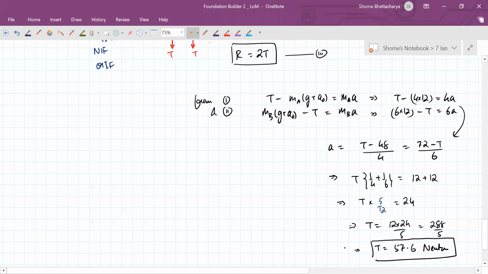So now just plug this into that equation. So reaction force will become 2T.